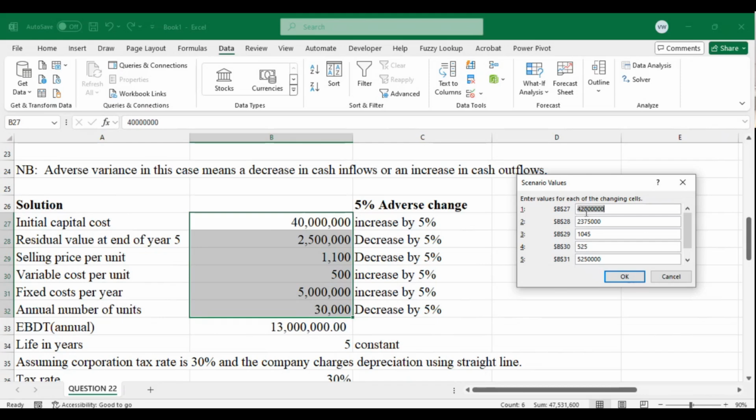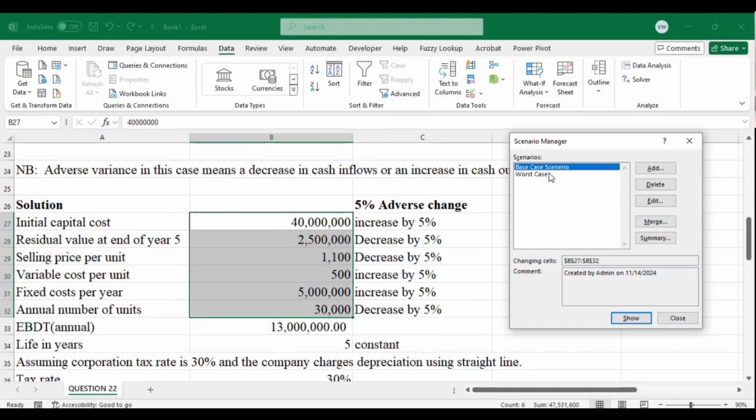It has increased by 5%. For the residual value, we had 2.5, now it is 2.375, it has decreased. The selling price was 1100, now we have 1045. It has also decreased. So you can see that Excel has already adjusted those values for us.